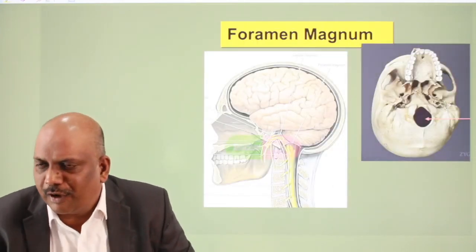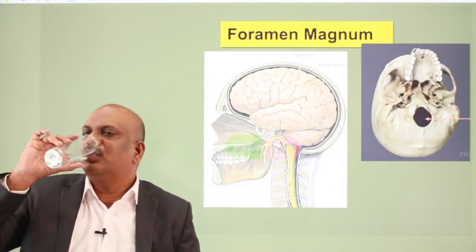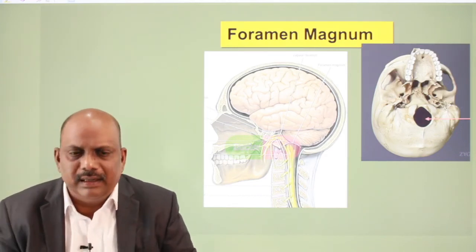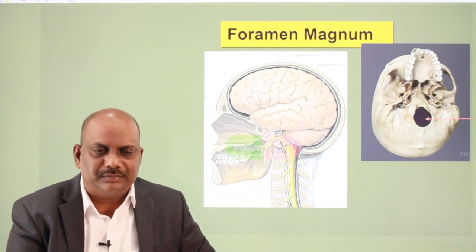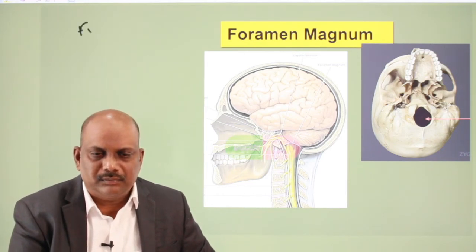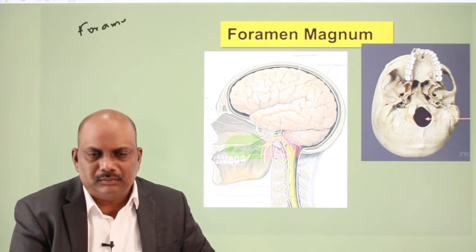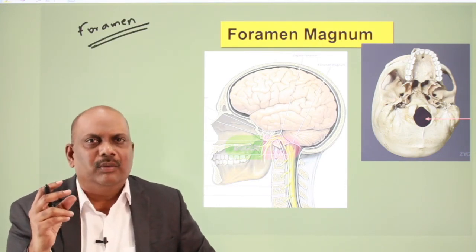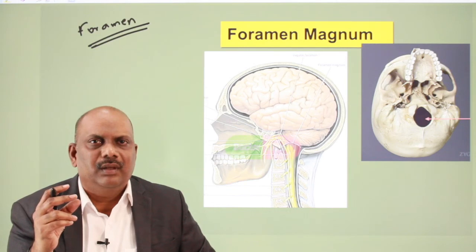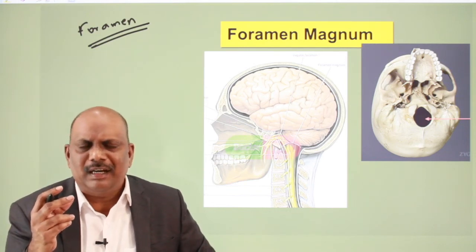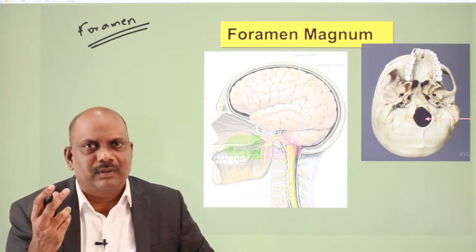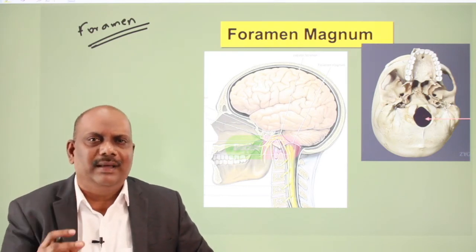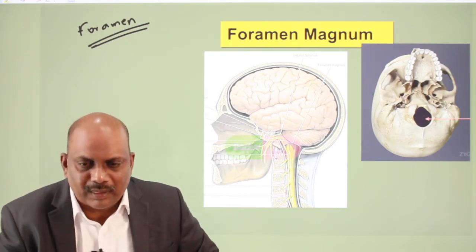Next is the foramen magnum. In anatomy, if you say foramen, this refers to an opening in the bone. There are a number of openings in our bones. In the skull, we have two very important openings. One is the foramen magnum.